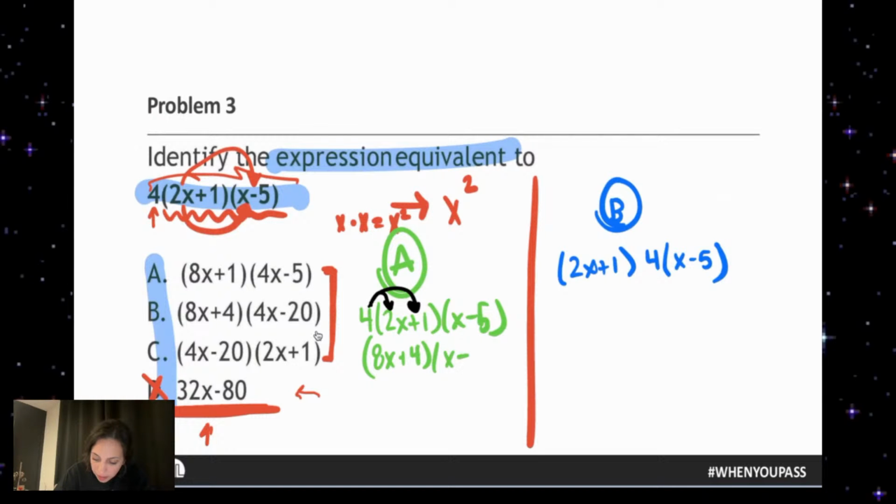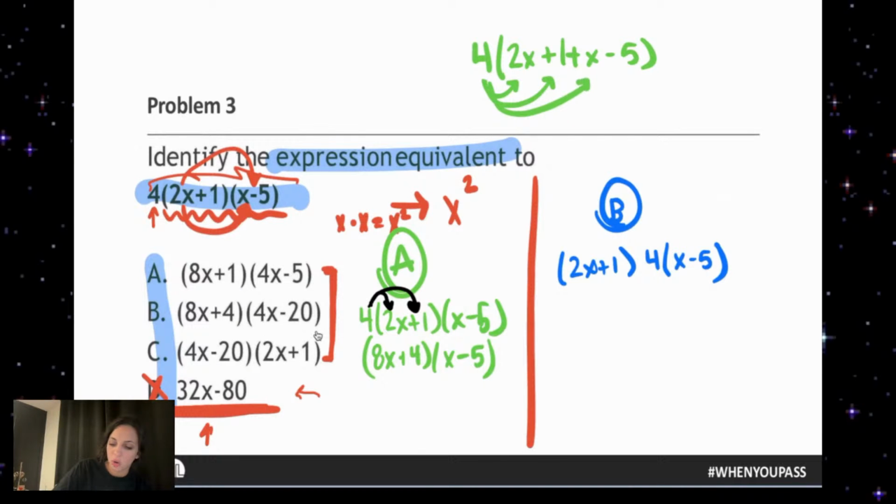times x minus 5. Now, here's a tricky part. The 4 does not multiply all the way through. Now, if it was something like this, then the 4 would go all the way through.